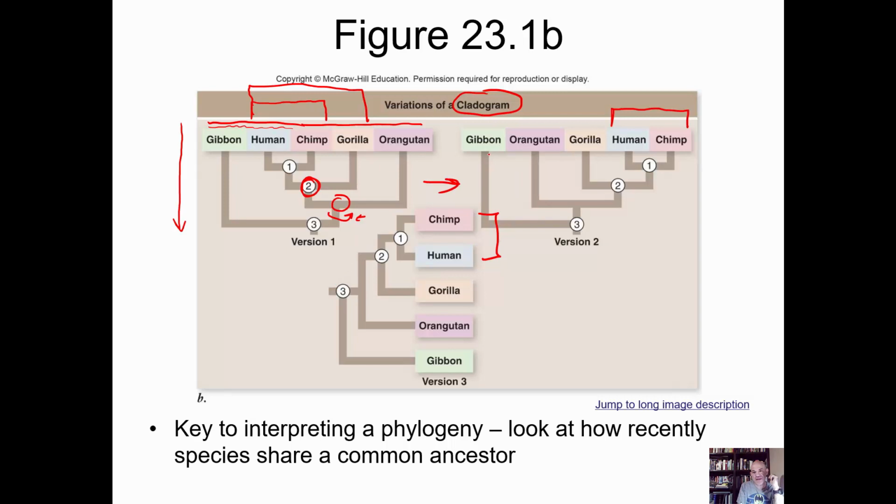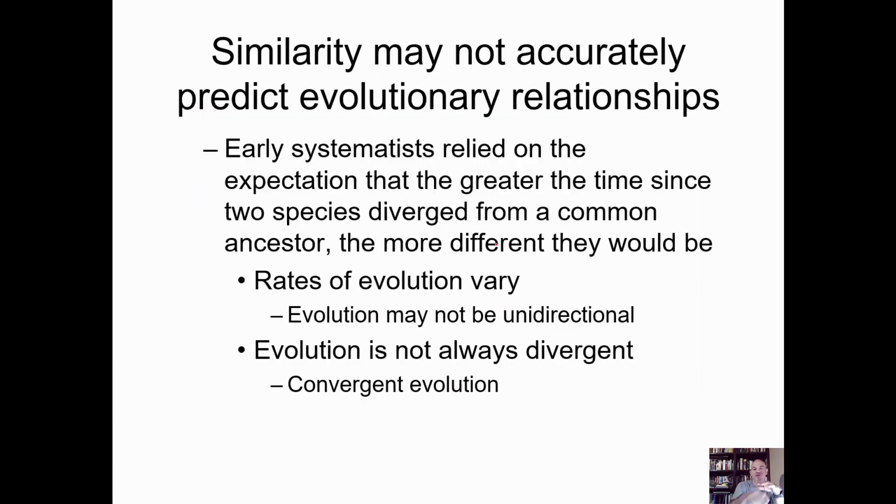If I were to rotate this particular diagram and then turn it sideways, and I rotate it on the lower branching point here, just flipped it around there, you're going to get this diagram. And they all still have the same nodes and same connections or same relationships. So you see this sort of nesting that goes on in there. So again, the key here is to look for similarities to help establish these relationships, but that can present some problems.